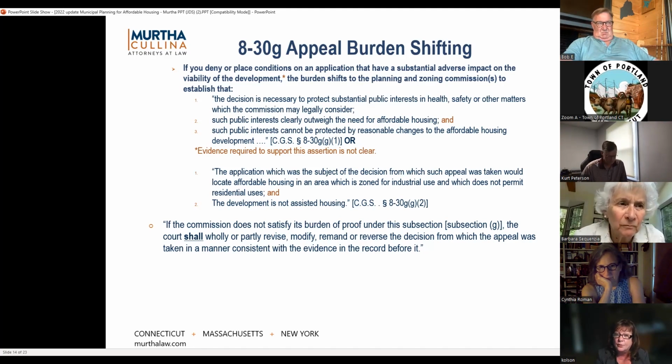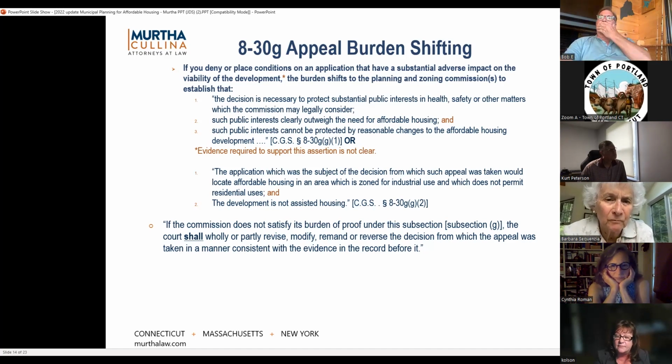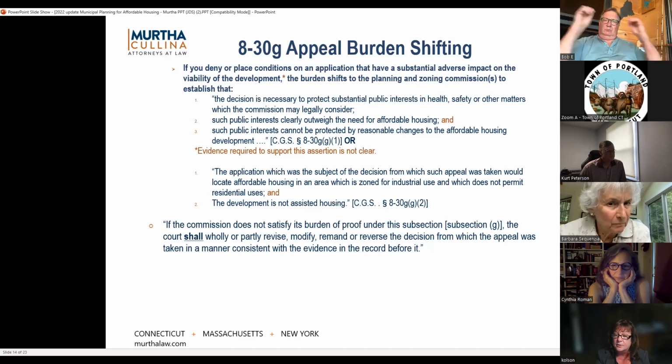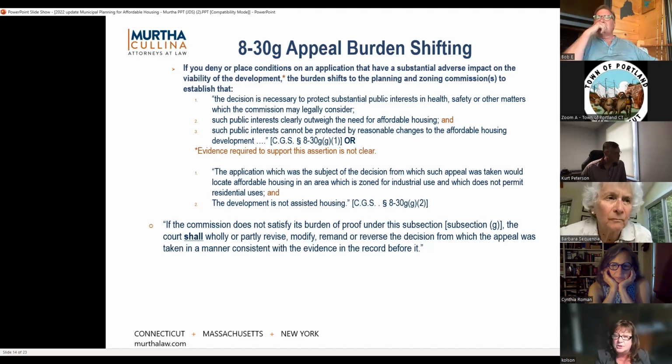So it's really important, again, that if you're thinking of denying an affordable housing application, that if you do believe there's something of significance, you have to determine that you've exhausted all opportunities to modify the application to address it in a satisfactory manner. Again, complete shift, 180 from what you all do on a regular basis.